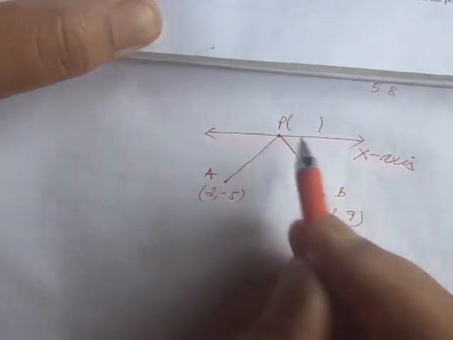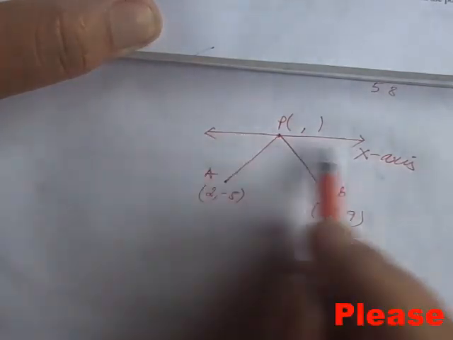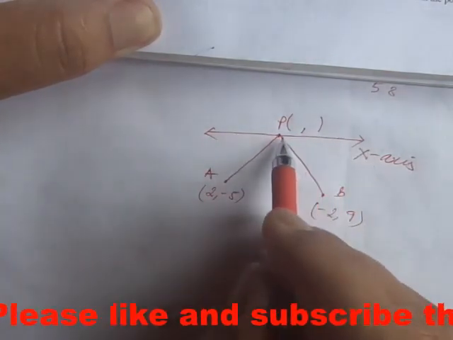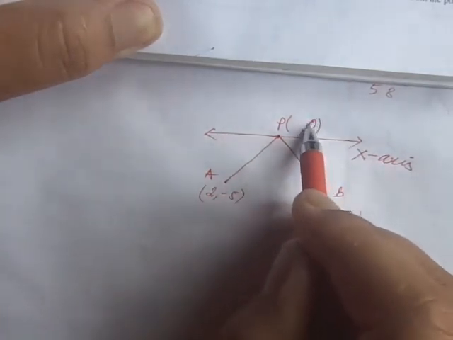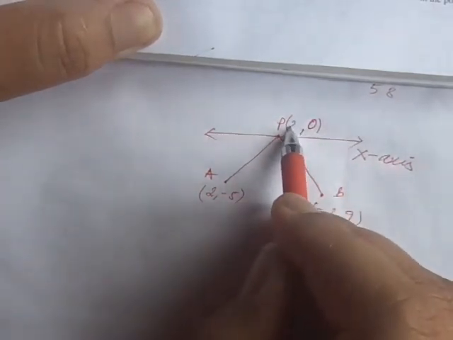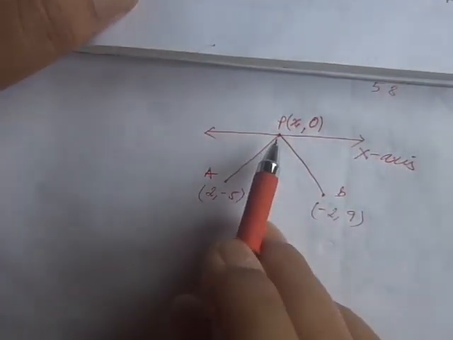We don't know them, but one thing we know: this is the x-axis, so for every point on the x-axis, the ordinate is always 0. The abscissa we don't know, so we take it as x. So we have to find this P.